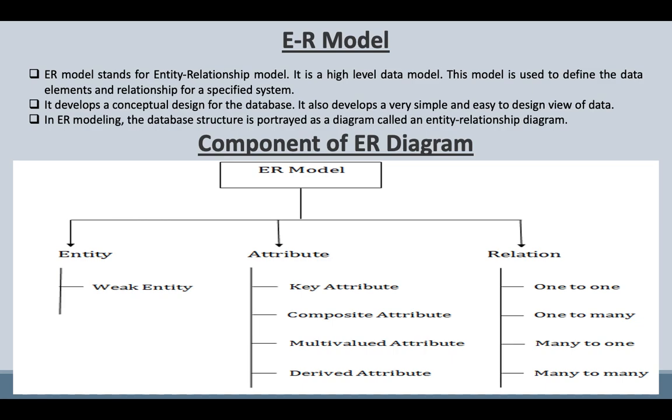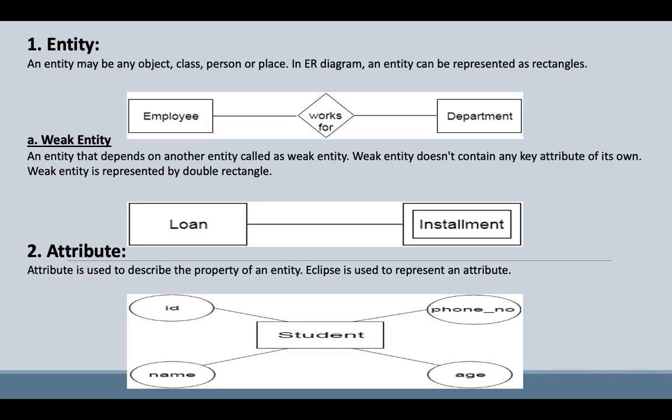Relations are also of four types: one to one, one to many, many to one, and many to many. So this is the entity. All the real life objects are treated as an entity. These are generally depicted by a rectangle.